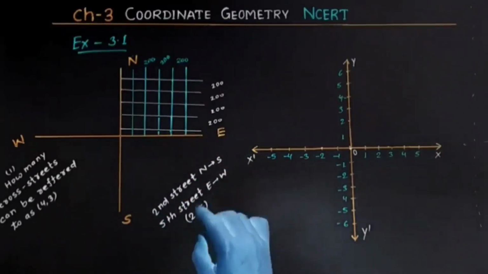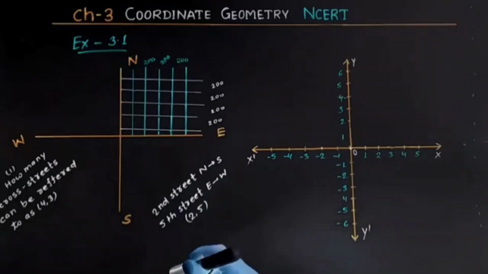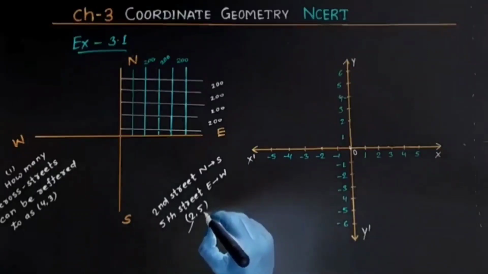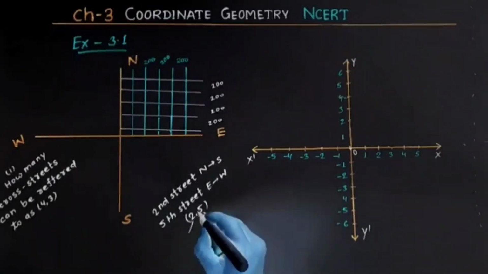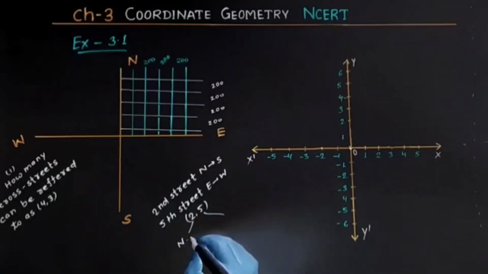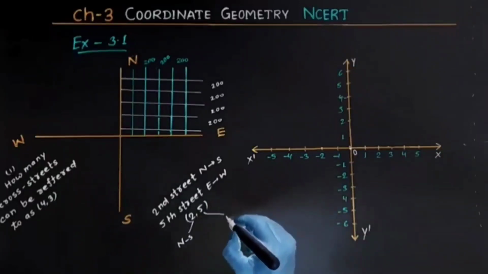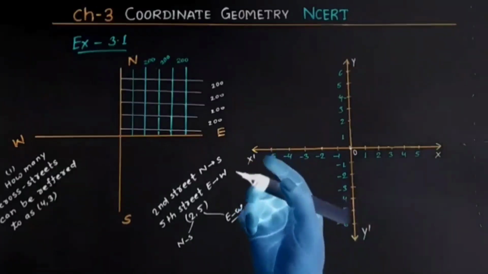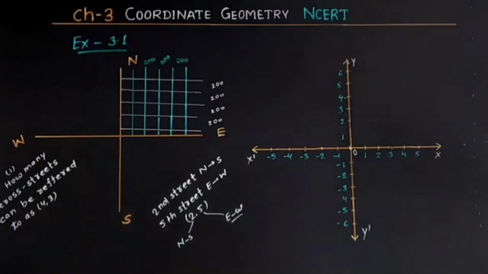Similarly, in the second example, the point is 3, 4. So vertical 3rd street and horizontal 4th street, and that's why your answer is you get a unique cross street at 3, 4.